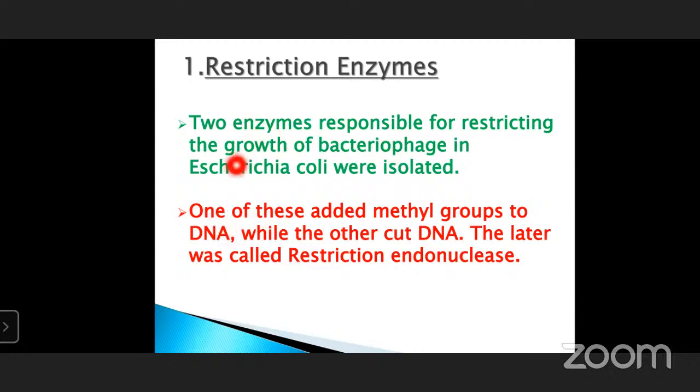Of these two enzymes, one adds methyl groups to the DNA molecule, and the other cuts the DNA at a specific unique location. Later, these enzymes were called restriction endonucleases. Restriction enzymes are also called restriction endonucleases, or molecular scissors of biotechnology.